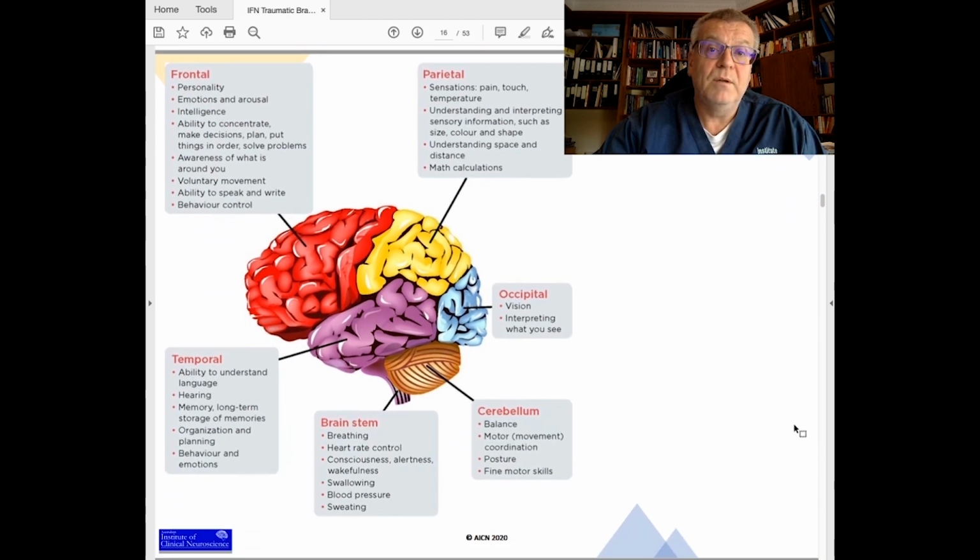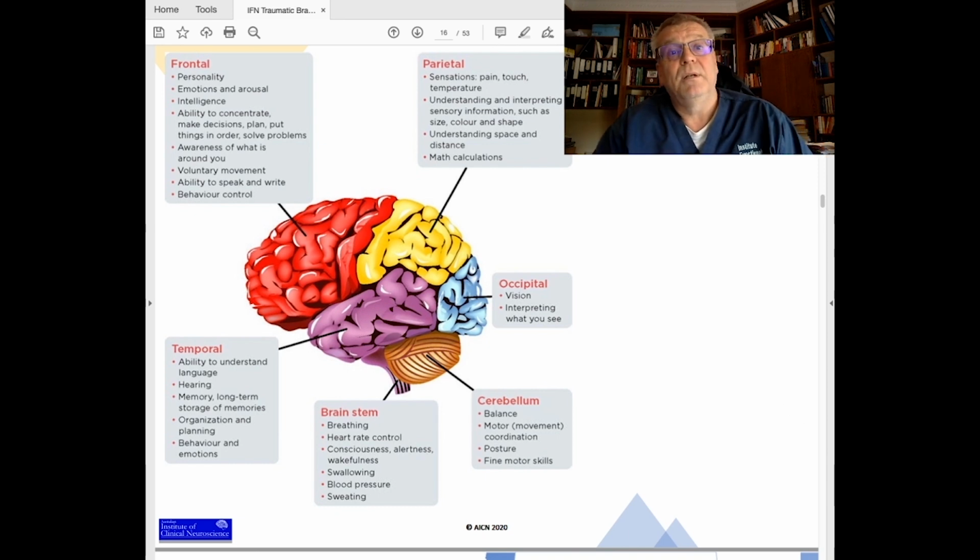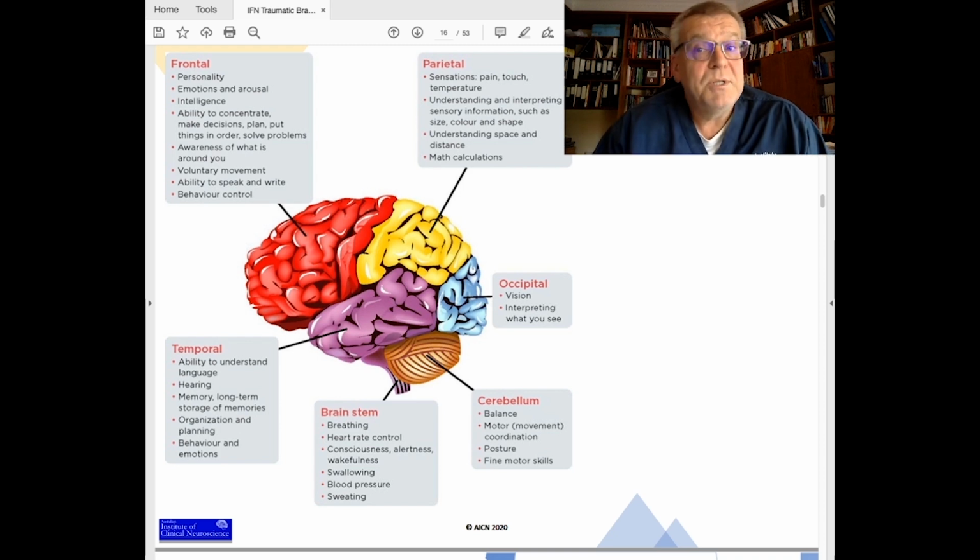Now, just moving to the actual symptoms that may develop from both the stroke and the concussion. As I was saying before, depending upon where the damage has occurred and how widespread the damage is, we get a variety of different symptoms.